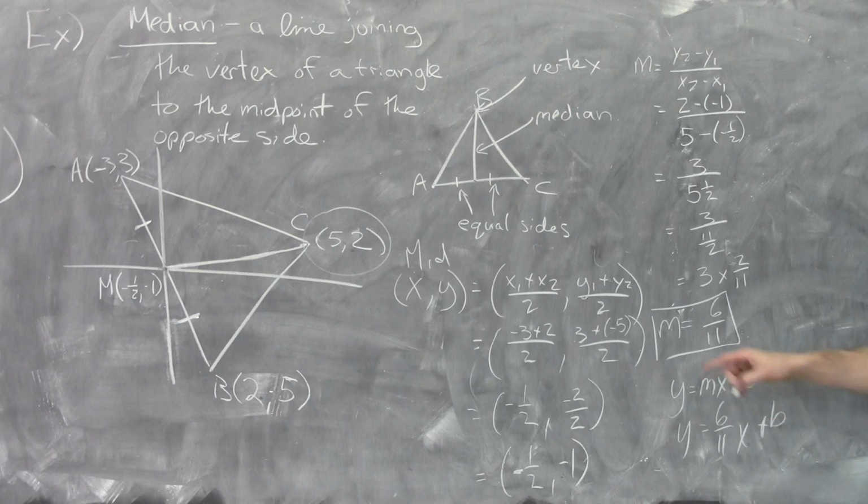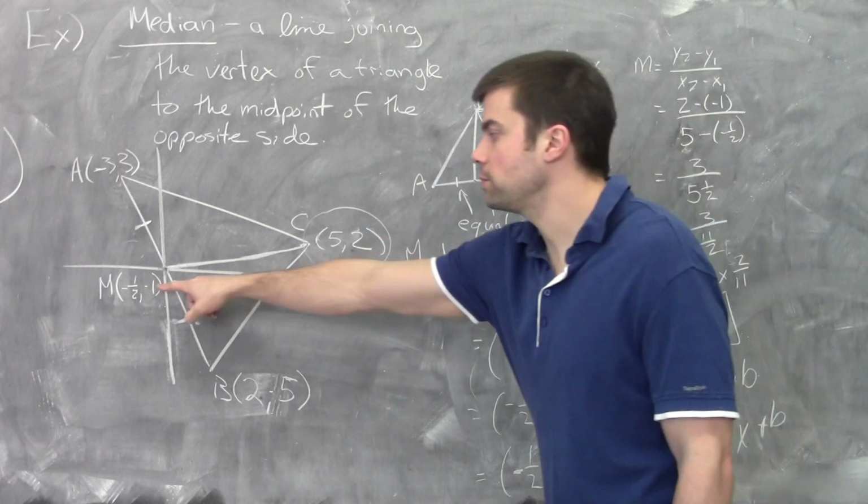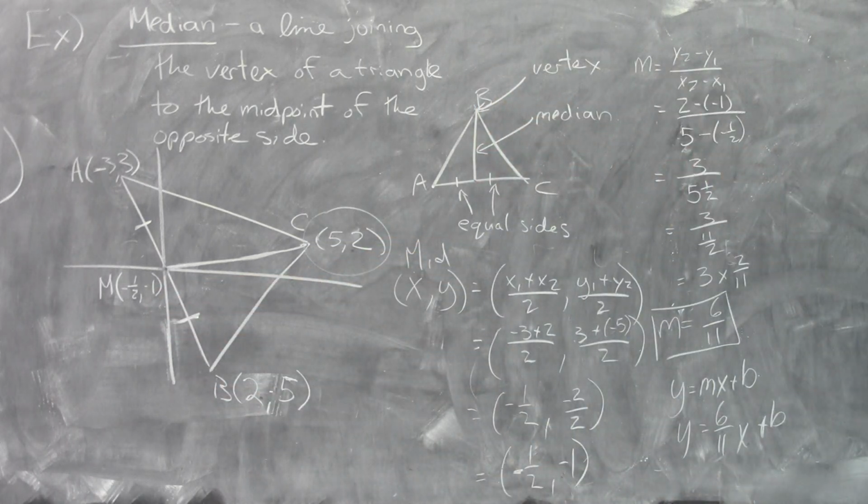I'm going to use this point as opposed to this point just because it doesn't involve fractions and negative signs. So I'm going to say my y value is 2, 6 over 11 times x is 5, plus b. Now I solve for b. So I have 2 is equal to 30 over 11 plus b. b is going to equal 2 minus 30 over 11.